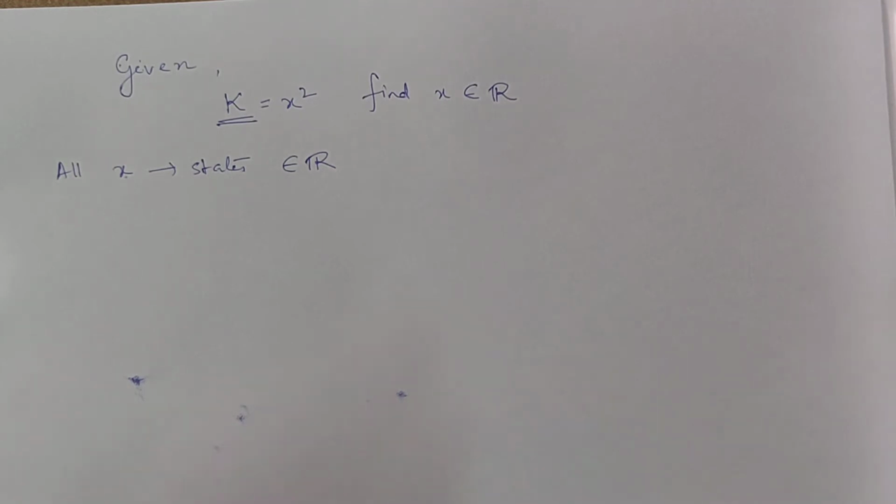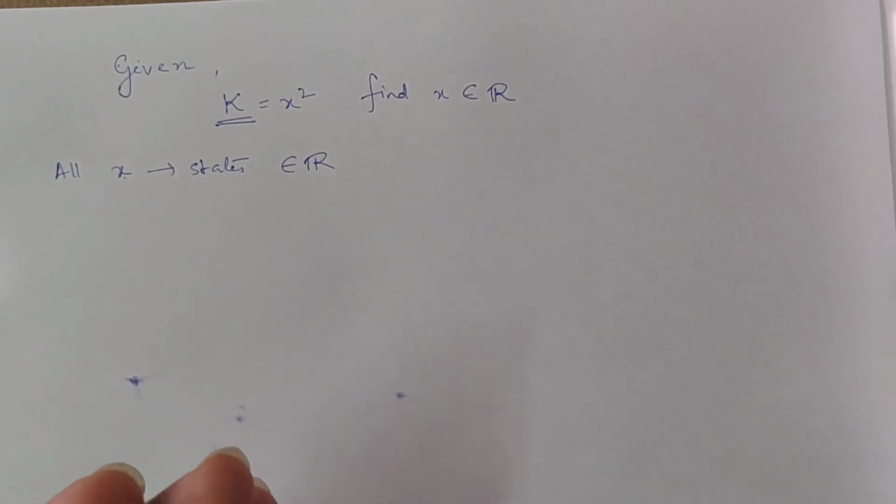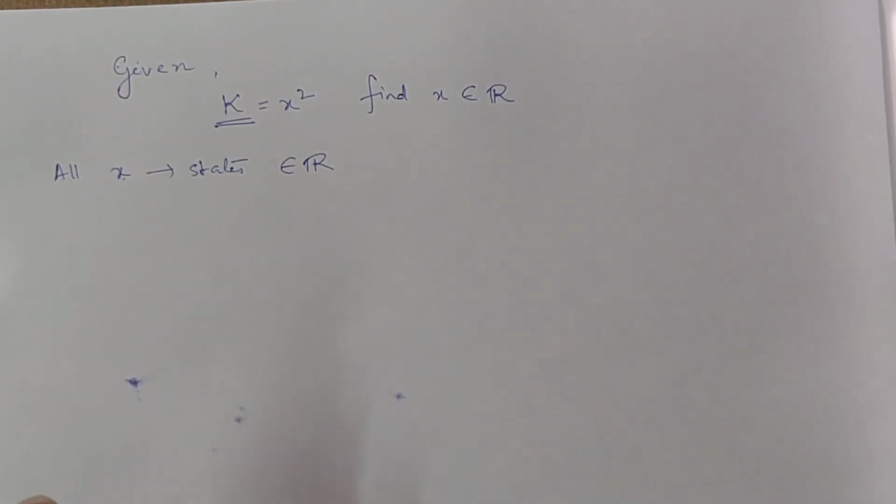X is a continuous value. x is not discrete. For a particular x, the next x can be x plus 1, x plus 0.01 also, x plus 0.001 also, x plus 0.00000001 also. So there is no discrete quantization. It is a continuous state. Okay.